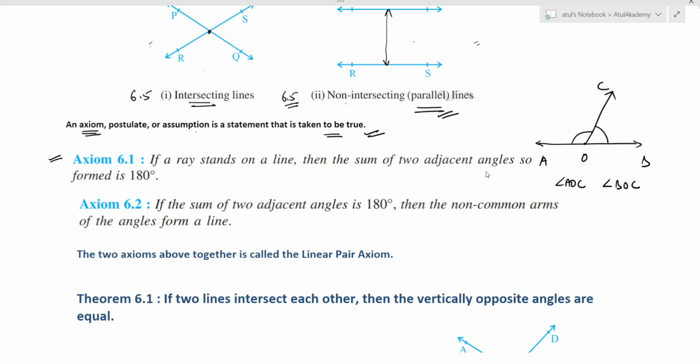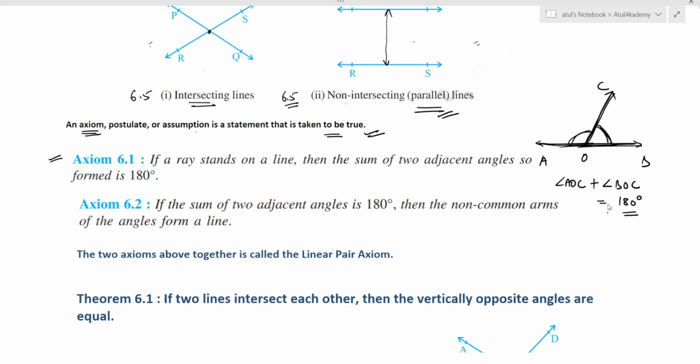These two adjacent angles so formed add up to 180 degrees. The sum of these two adjacent angles is equal to 180 degrees. Clear? So whenever you have a ray standing on a straight line, we get two adjacent angles whose sum is 180 degrees.